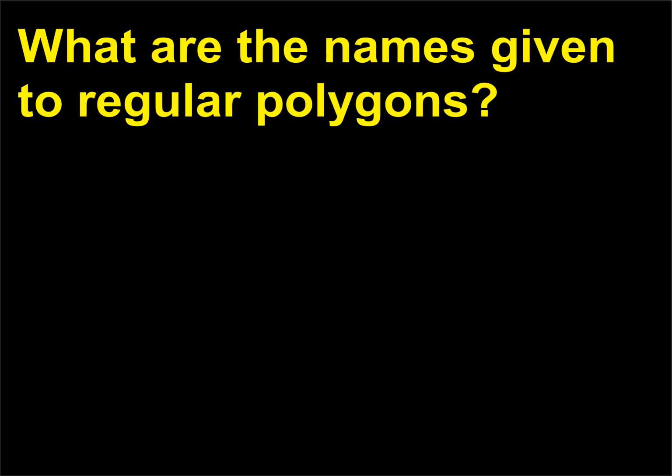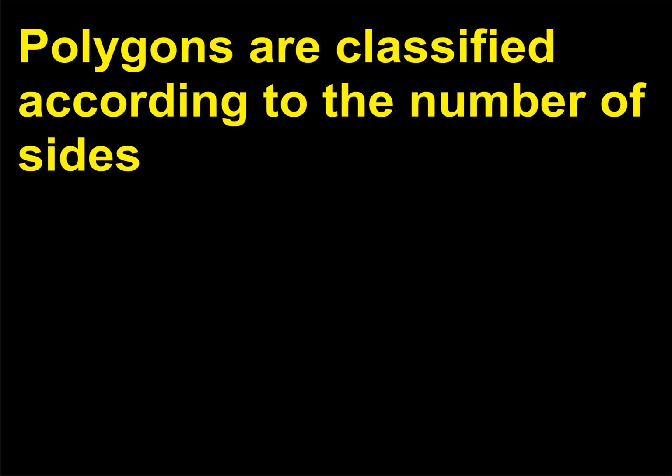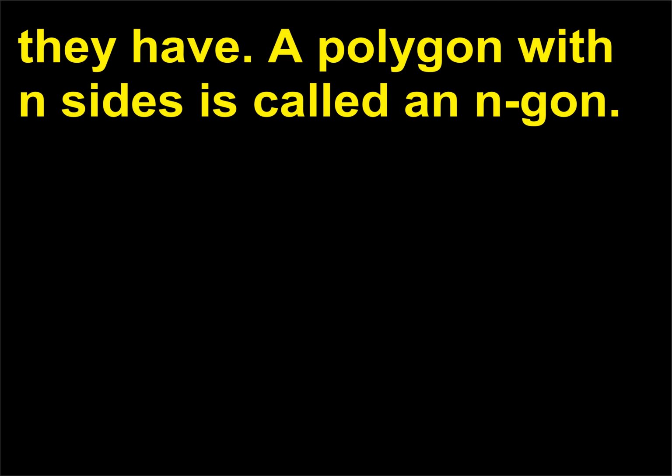What are the names given to regular polygons? Polygons are classified according to the number of sides they have. A polygon with n sides is called an n-gon.